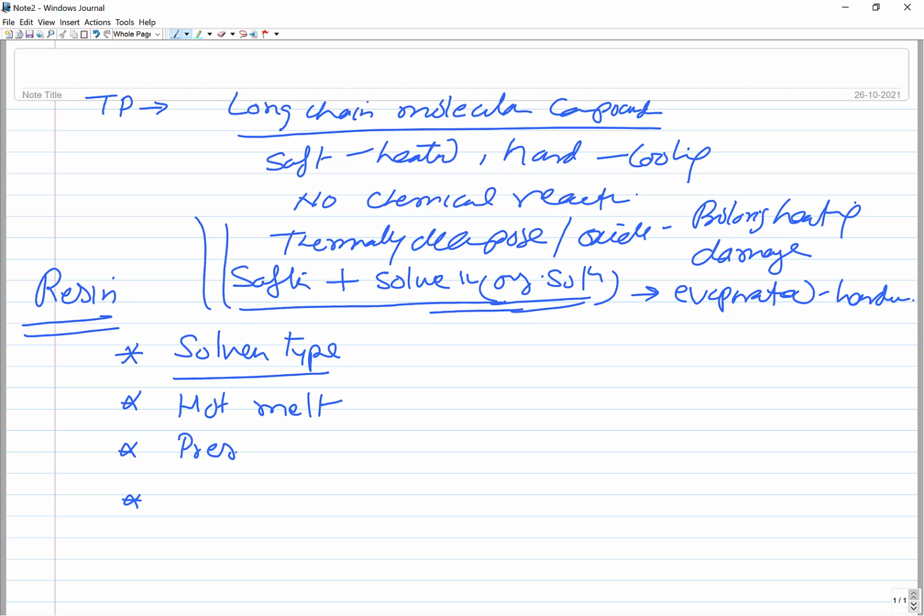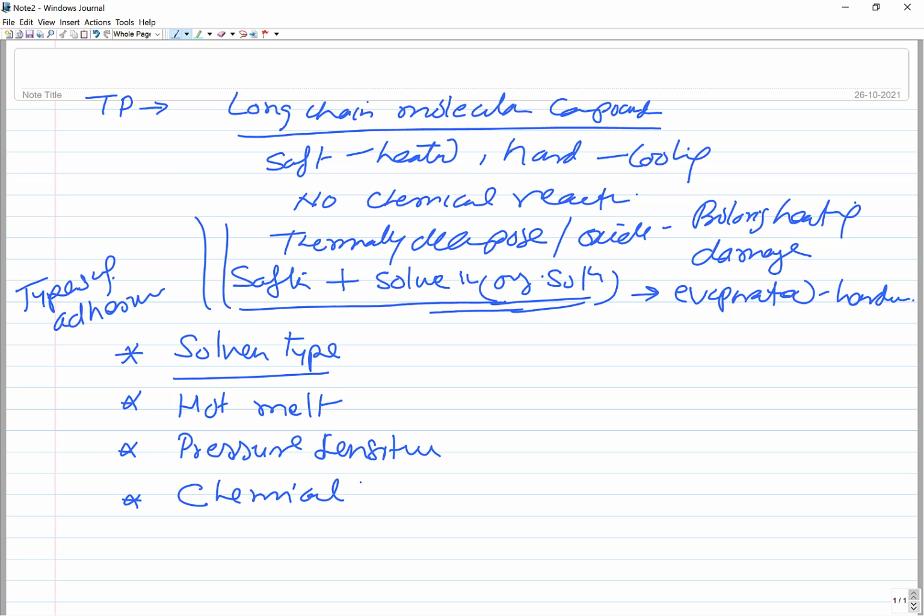Third is the pressure sensitive type. The fourth one is the adhesives which undergo a chemical reaction, the chemical reaction type adhesives.